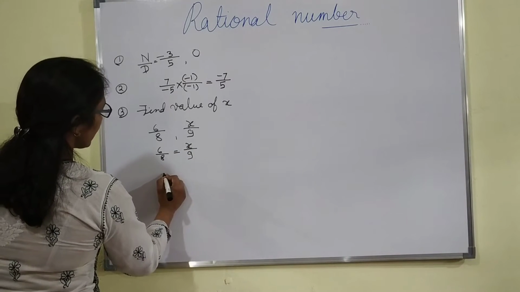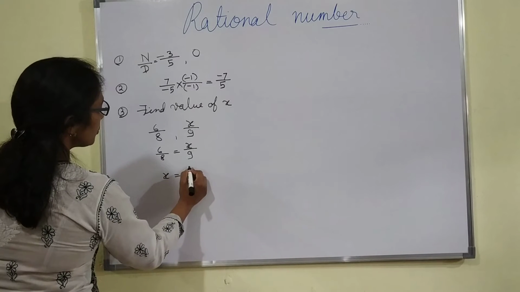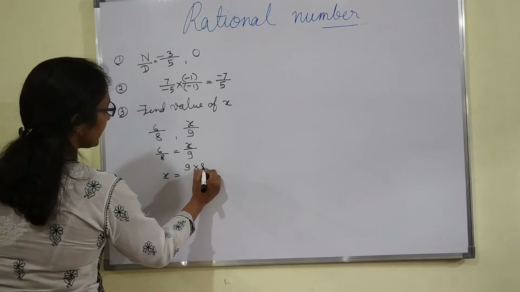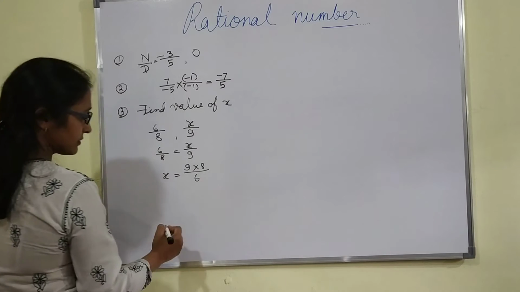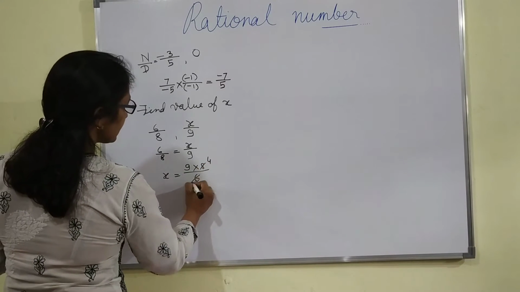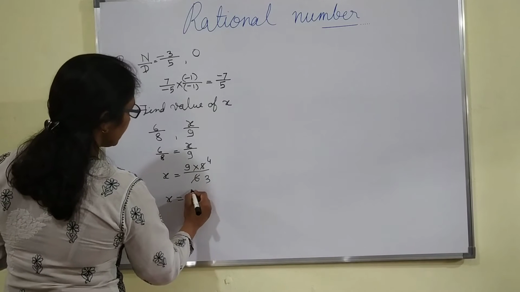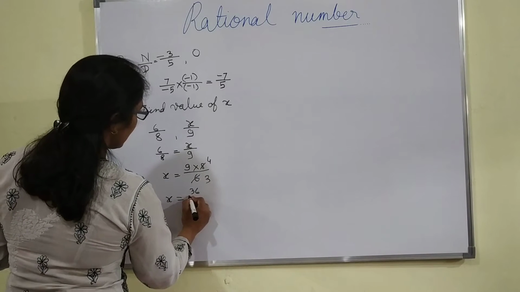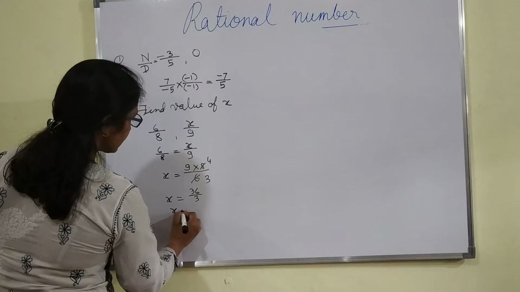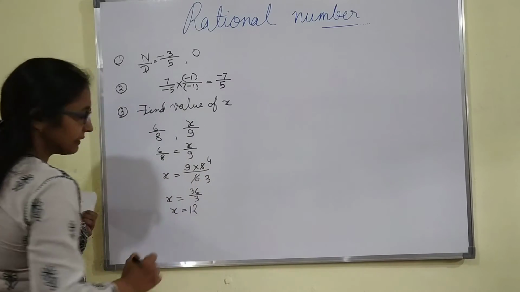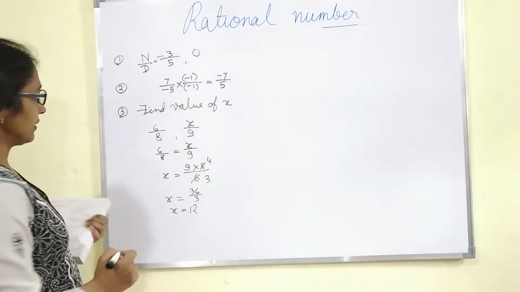So x equals 9 into 8 upon 6. 2 4s are 8, 2 3s are 6. So the value of x will be 36 upon 3. So x equals 12. The value is 12.